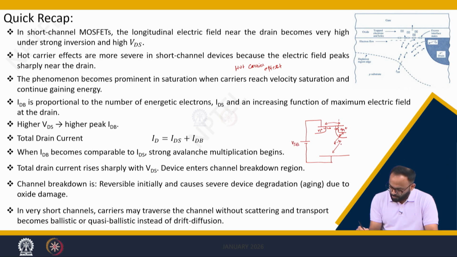This movement from the drain towards the body gives you a current IdB, and the electron movement going towards the surface is included in the main stream of electrons coming from the source, giving rise to a current IdS. So we can say that IdB is directly proportional to IdS.